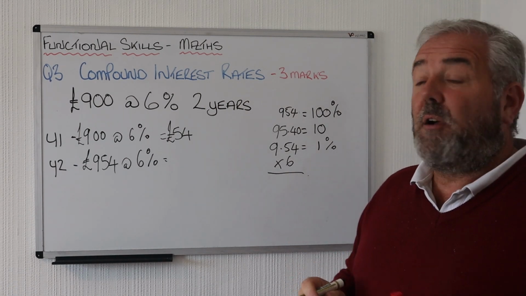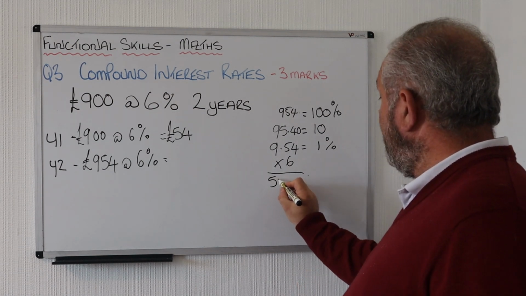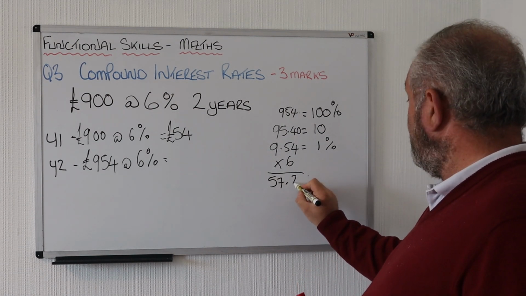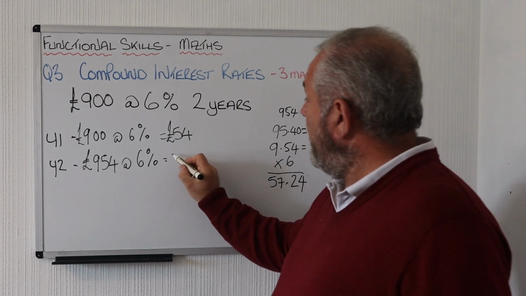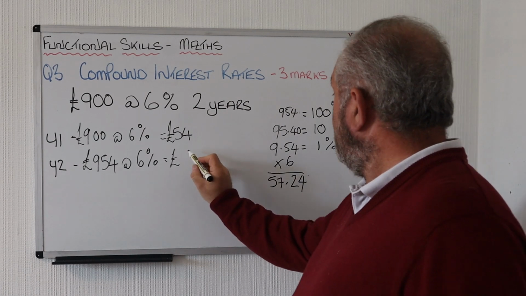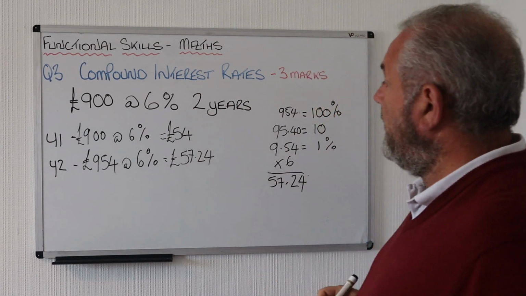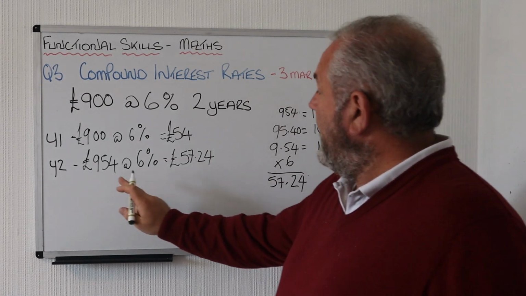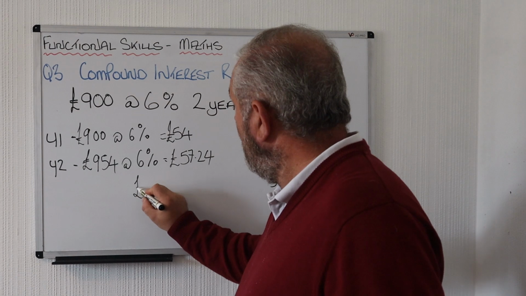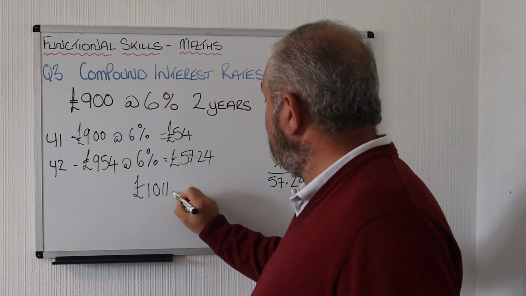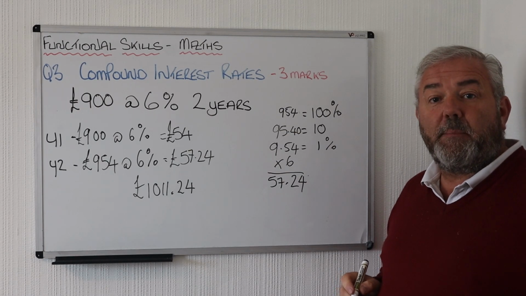So what I now know is that 6 times £9.54 is £57.24. So now I've earned in the second year an additional £57.24. I take that, add it on to my £954, and that gives me £1,011.24 at the end of my second year within the bank.